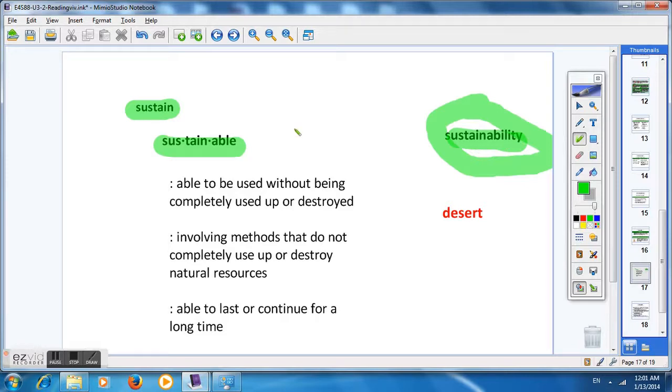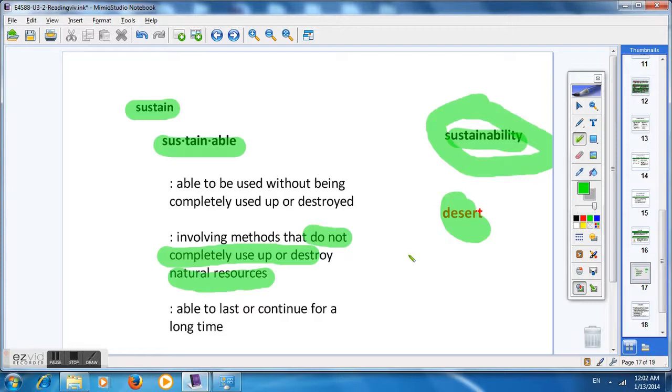So what do you mean by that word? Sustainable is able to be used without being completely used up or destroyed, involving methods that do not completely use up or destroy natural resources, and able to last or continue for a long time. So can you imagine, we're thinking about a desert, and then you think about not completely using up or destroying natural resources.